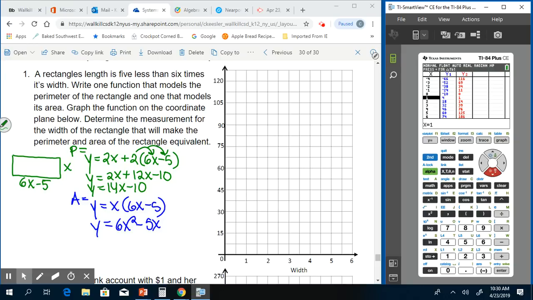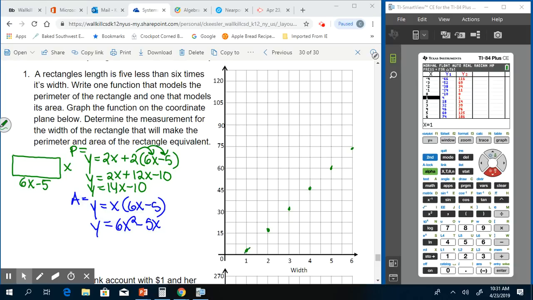From 1, 4, then 2, 18, a little bit above the 15. 3, 32, a little bit above the 30. 4, 46, a little bit above 45. 5, 60, and 6, 74.